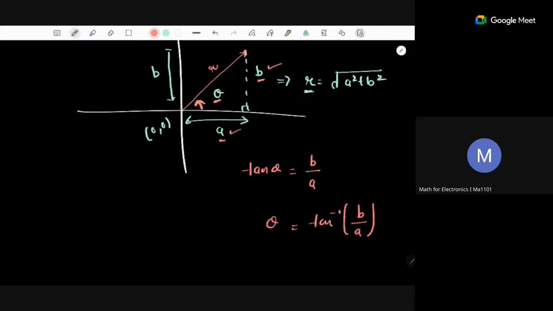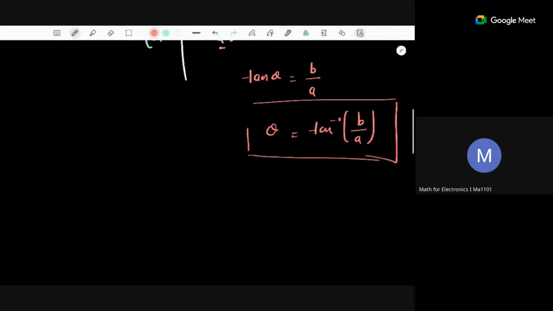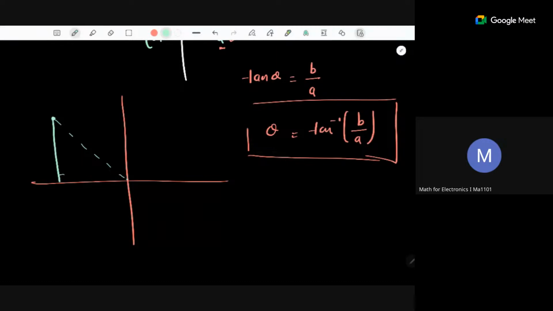But there are certain restrictions when we use this formula, that theta is tan inverse of b by a. We have considered this triangle over this coordinate, but what happens if we have a triangle over a coordinate somewhere here? Then also we can find the value of theta as tan inverse of b by a.